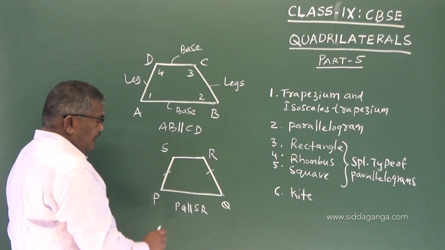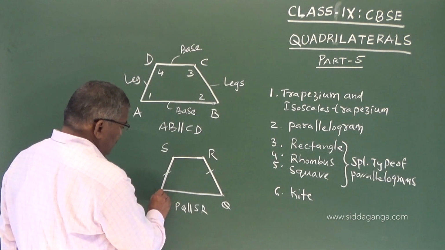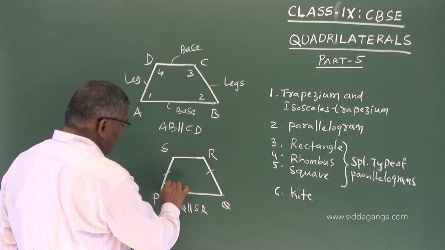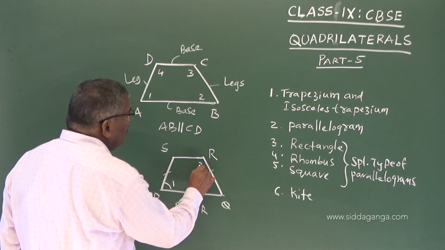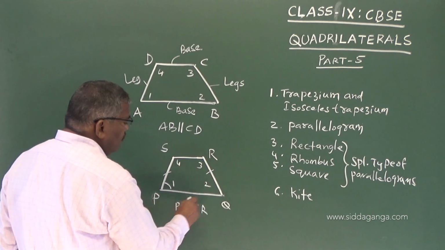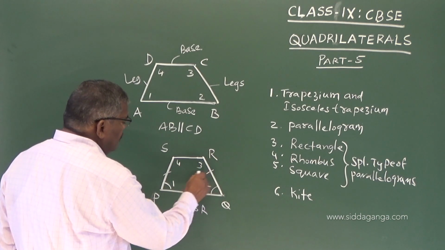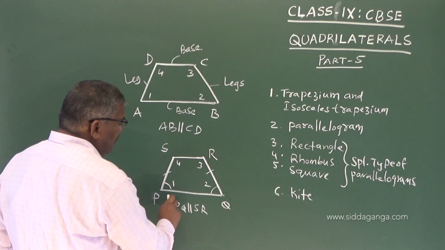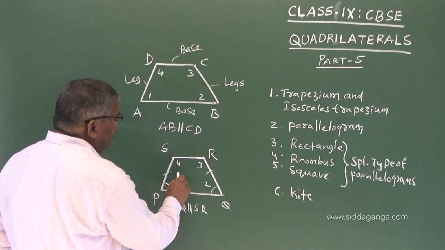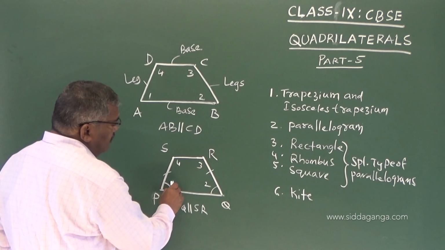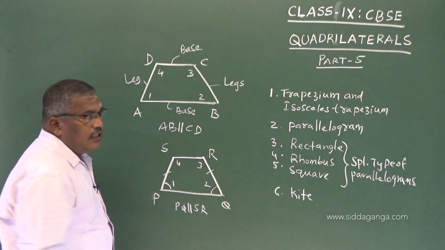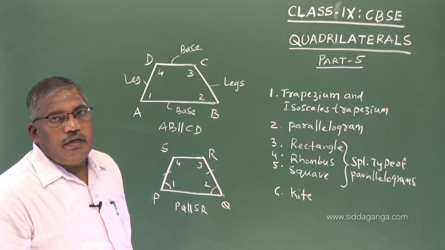In such a case, this is the base, and we have angle 1, angle 2, angle 3, angle 4. We can observe, since these two are equal, as usual, 1 and 4 are interior consecutive angles, 2 and 3 are interior consecutive angles.